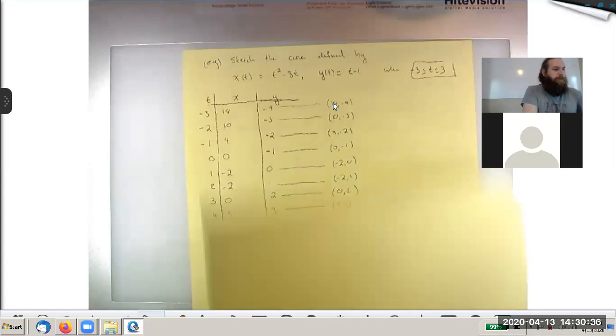Let me show you how we could have discovered this graph differently.